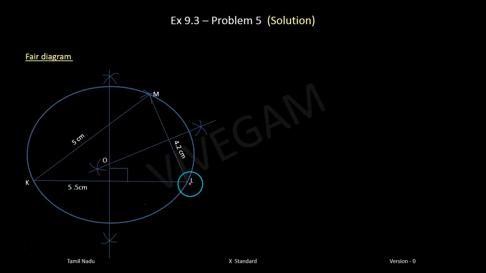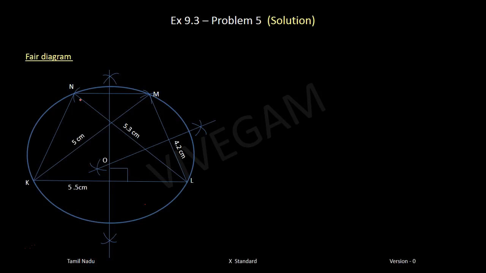So with L as a center and radius of 5.3 centimeters, draw an arc cutting this circle. This point is N. Join LN and join KN. That's all. Thereafter you can join MN.